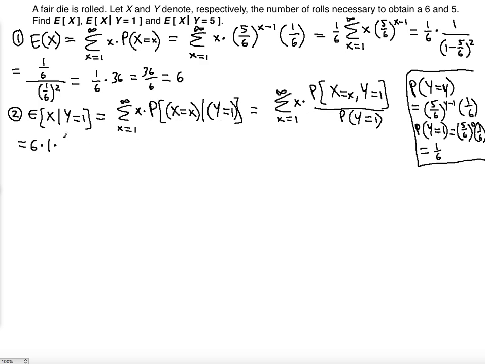the probability of X being equal to 1, right?